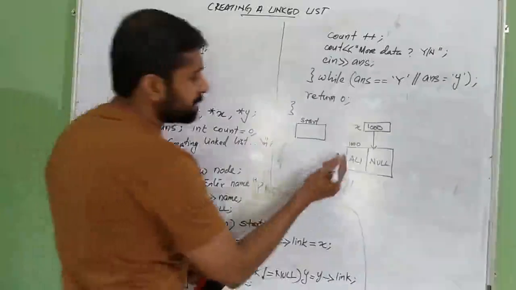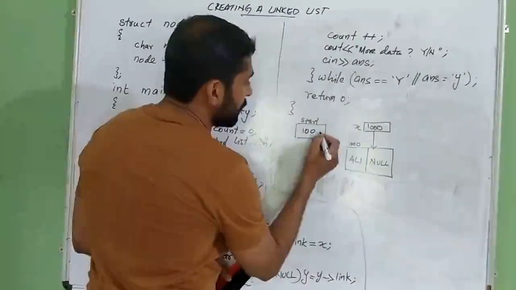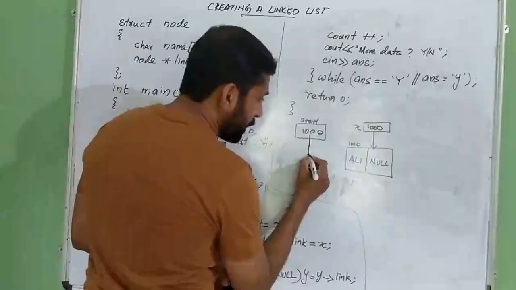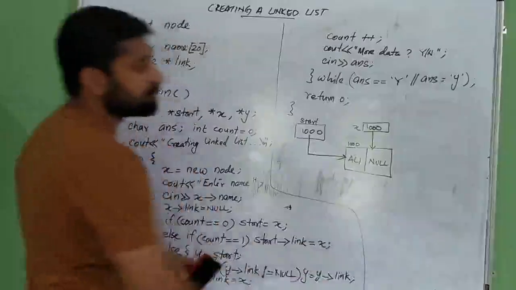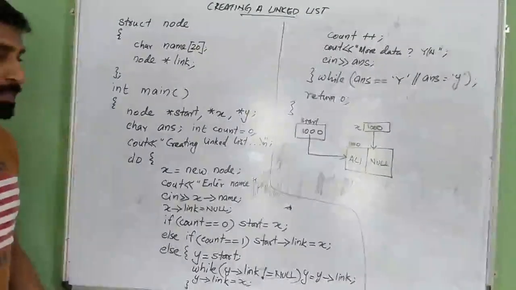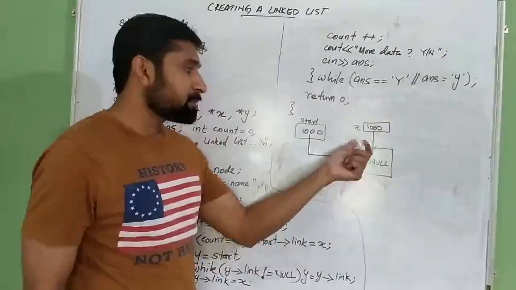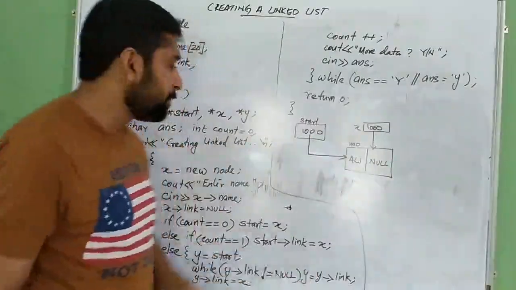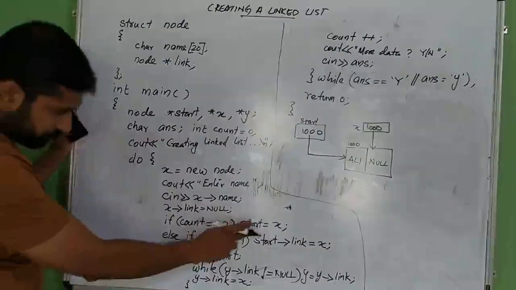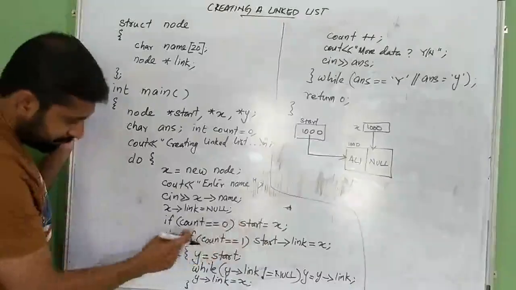So this 1000 will be stored here. What does it mean? This pointer indicates this first node. So the first node is created. Here x contains 1000. No changes are made. Then in that case it ends there.